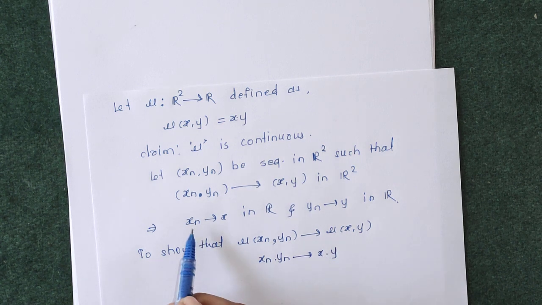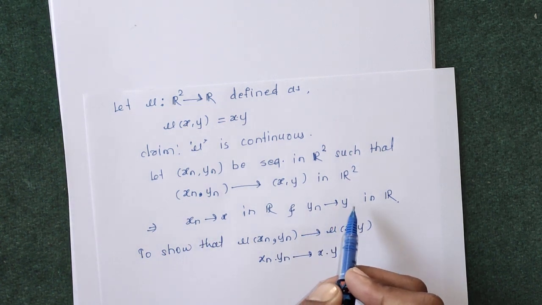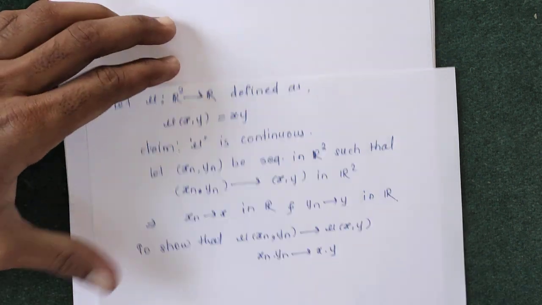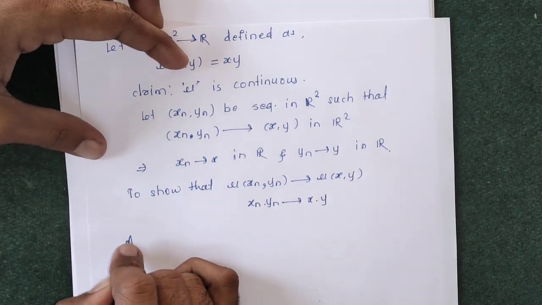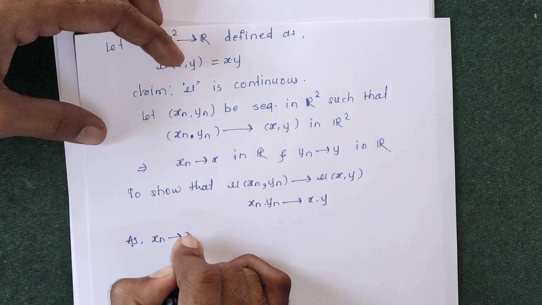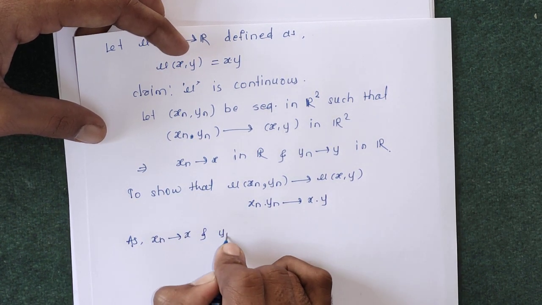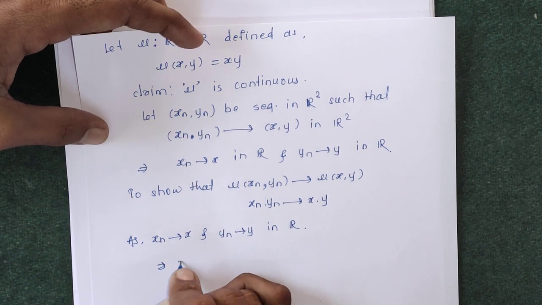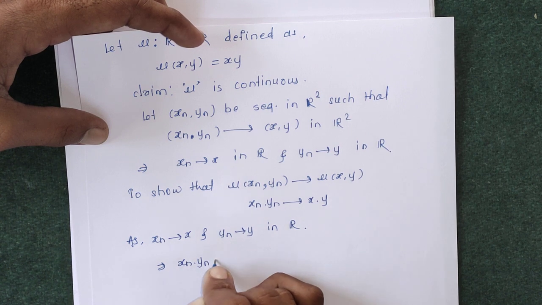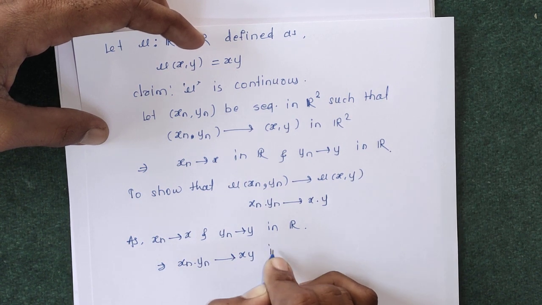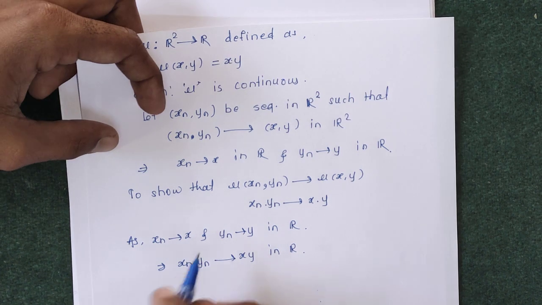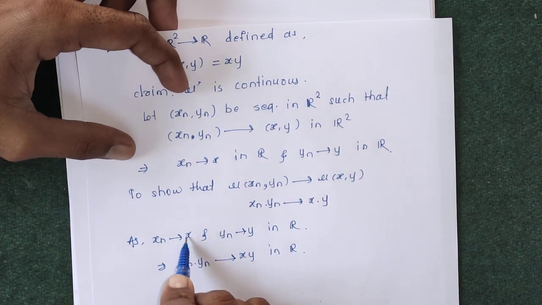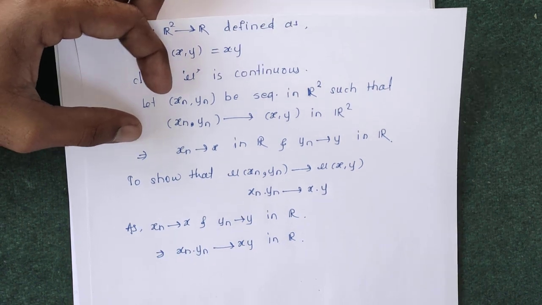Now, xn converges to x and yn converges to y in R, which implies their multiplication xn into yn converges to x into y in R. These results you have seen in real analysis: xn and yn are both convergent sequences in R, so their addition and their multiplication converge.